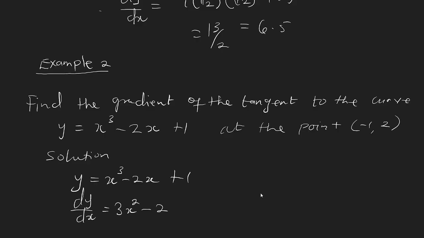Now, at the point (-1, 2), the x coordinate is -1. So we substitute that into it, and we get dy/dx being equal to 3 times (-1) squared minus 2, and this is going to give us 1.